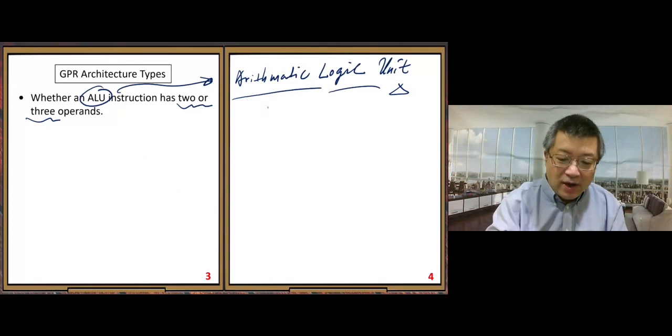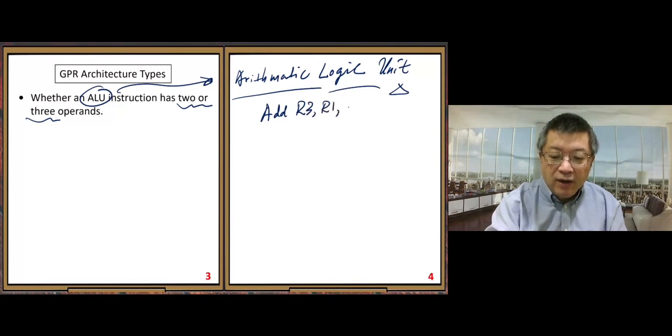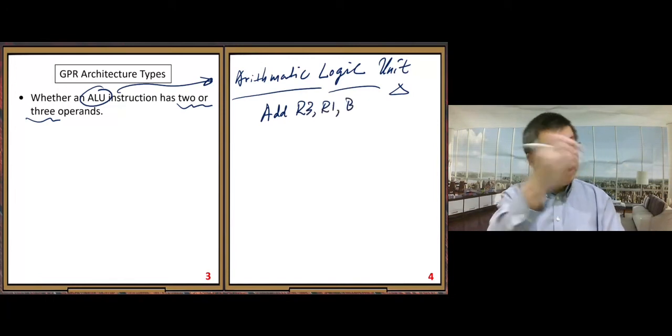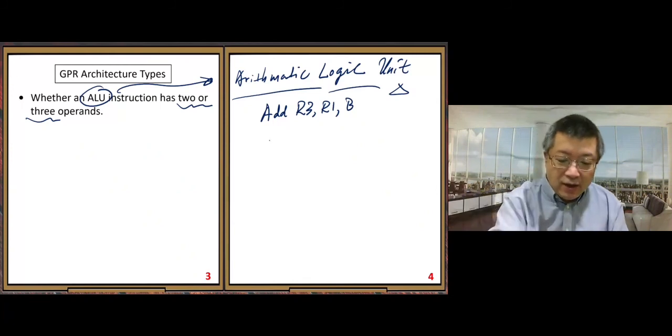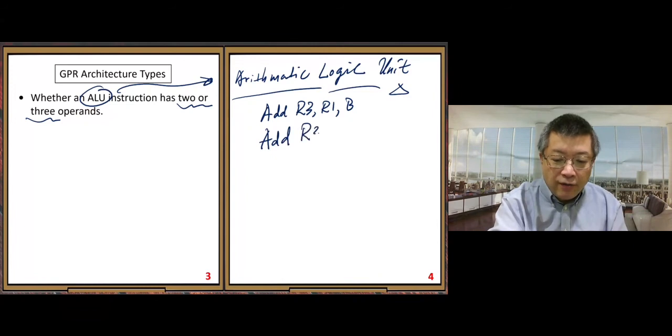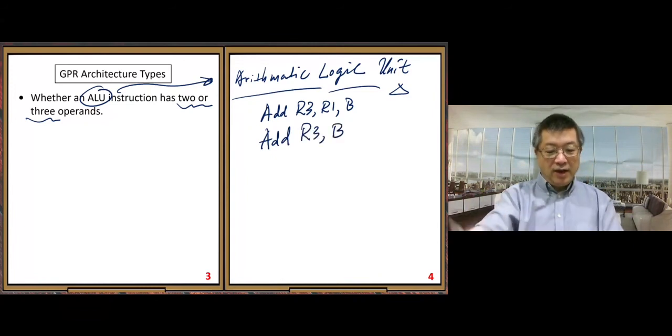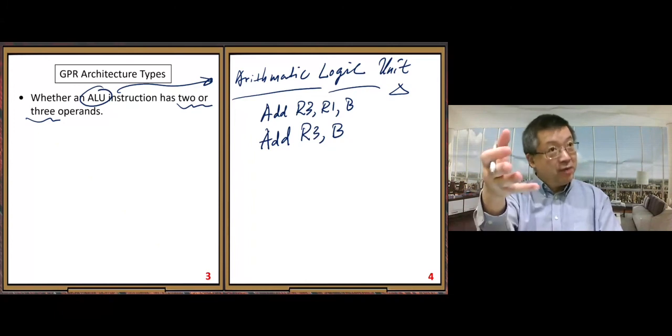Remember, I used an example like R3, R1, B, this 3 operand example. You know the meaning, right? Another version, the 2 operand version, R3 and B. I also used this as another example. With both you can do the same thing, addition.